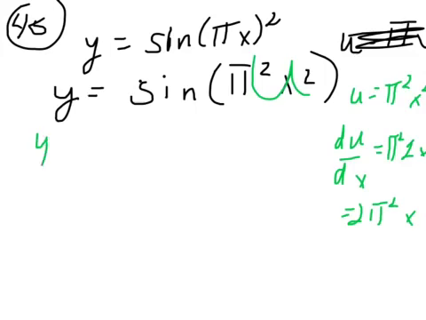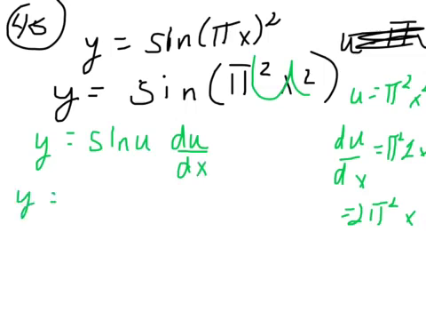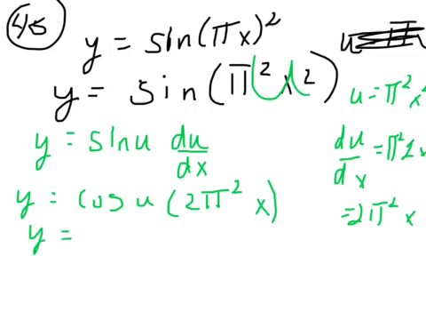So if I look at my function now, here's what I've got, sine u. And I'm taking the derivative of u with respect to x. Okay, well, the derivative of sine is cosine. And du dx is this 2 pi squared x over here. All right. Now, I don't really want cosine u. What was the u really? Well, it was pi squared x squared. I'm going to write it the way they did starting out, just to be consistent with their notation.